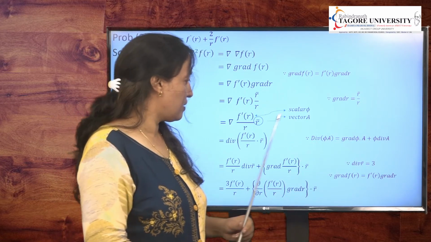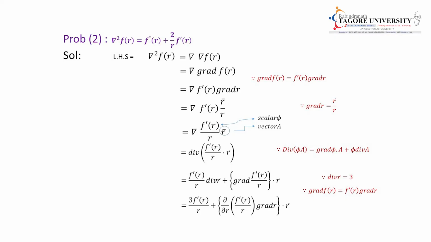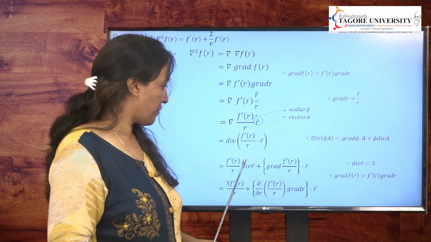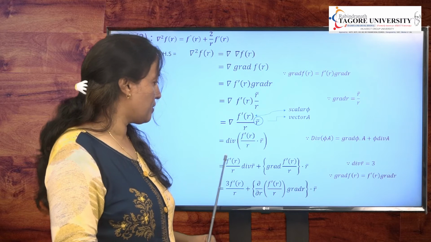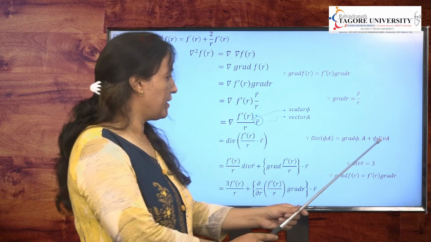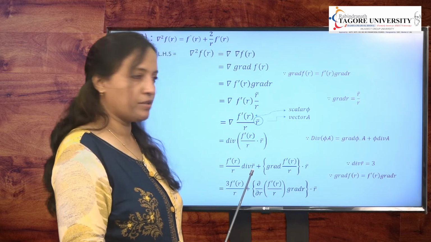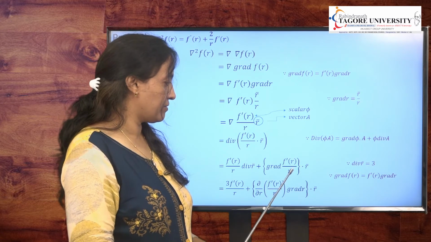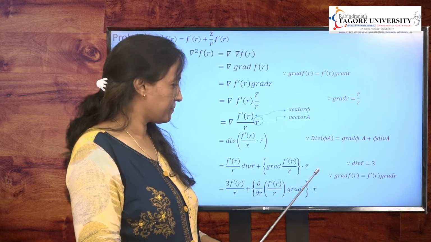Apply this formula here: div of phi a is grad phi dot a plus phi div a. Scalar function phi, value of phi is f dash r by r. Div a, div of this vector r, plus gradient of this dot r cap.